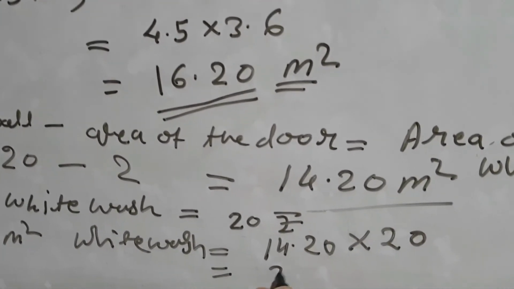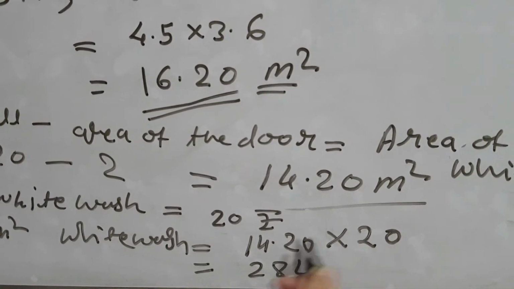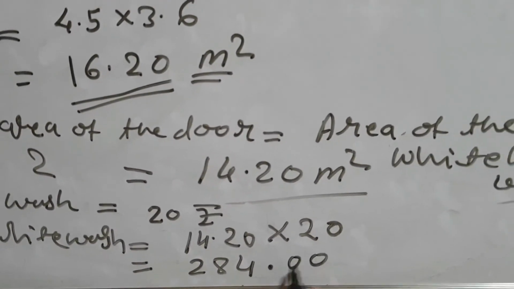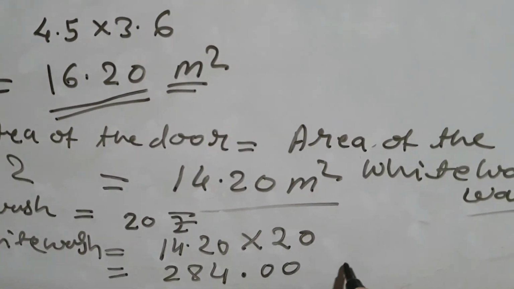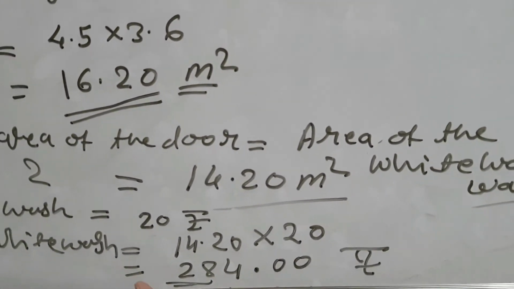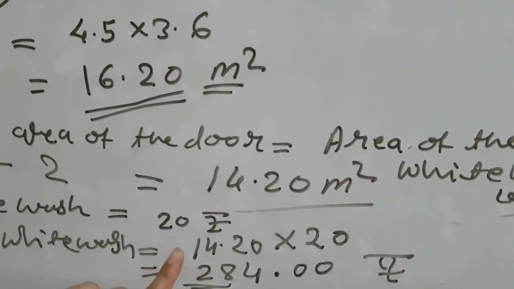So we will get 284 after multiplying this value, .00. This is in rupees. So 284 rupees for 14.20 square meter.